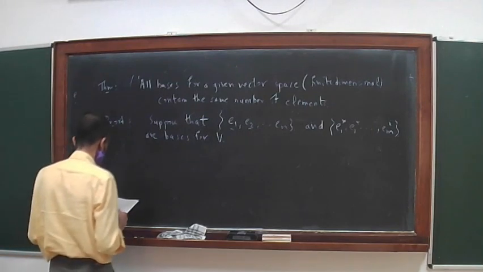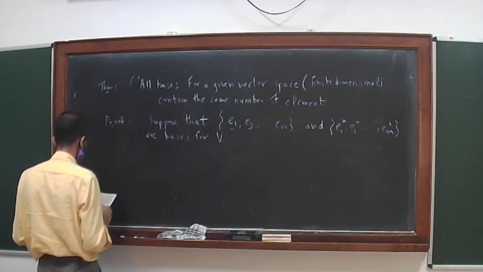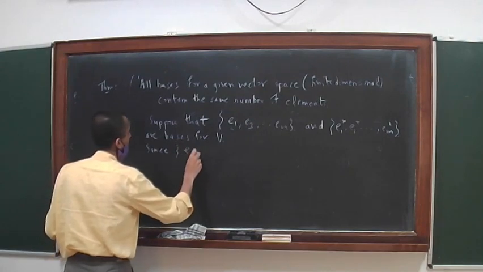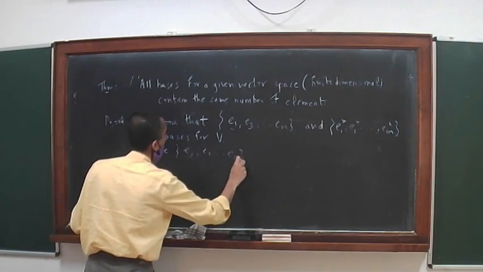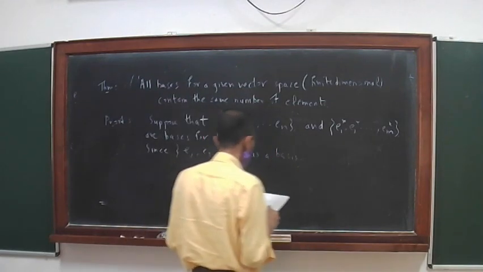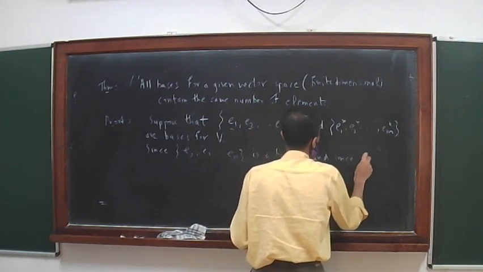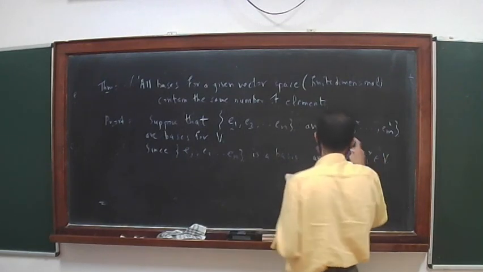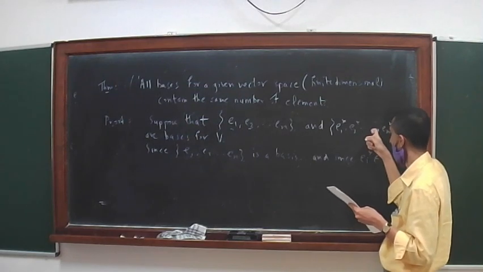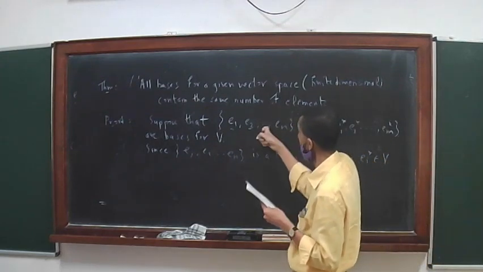Now, since E1, E2 and so on up to En is a basis, every Ei star belongs to V, so it obviously belongs to the vector space, and hence it can be expressed in terms of this basis.